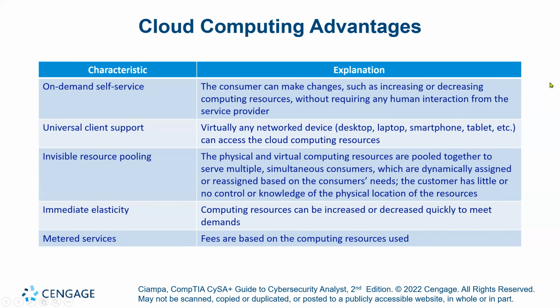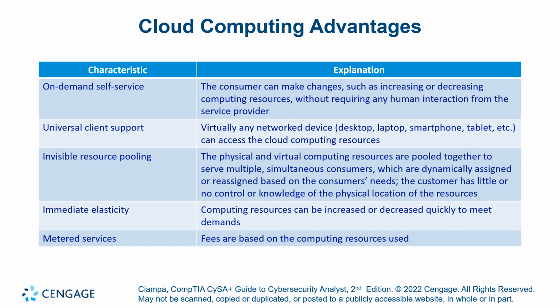Okay. Cloud computing advantages, characteristics, explanation. On-demand self-service: the consumer can make changes, such as increasing or decreasing computer resources, without requiring any human interaction from the service provider. Universal client support: virtually any network device, desktop, laptop, smartphone, tablet, etc., can access the cloud computing resources.